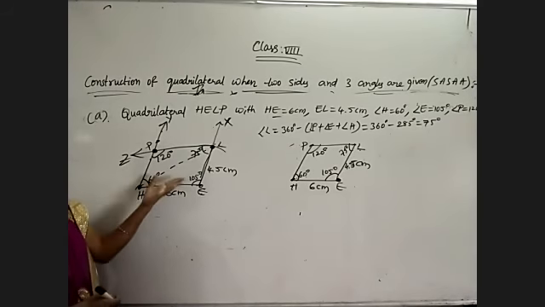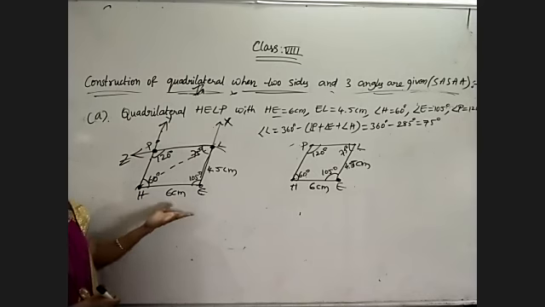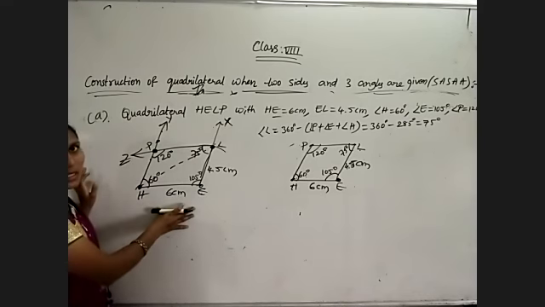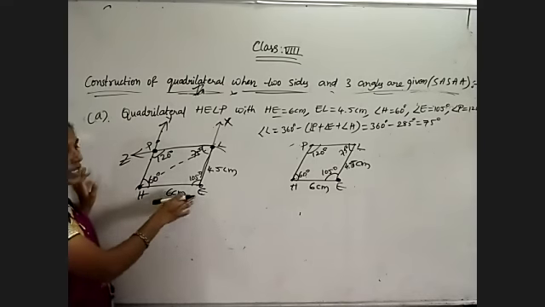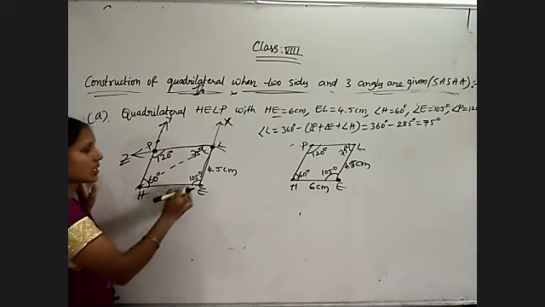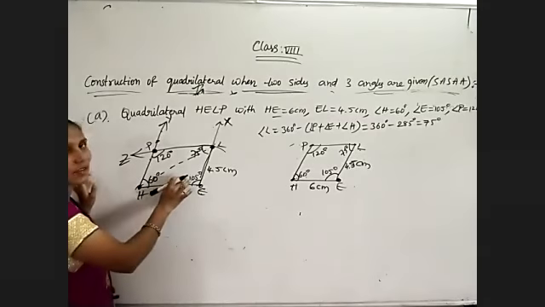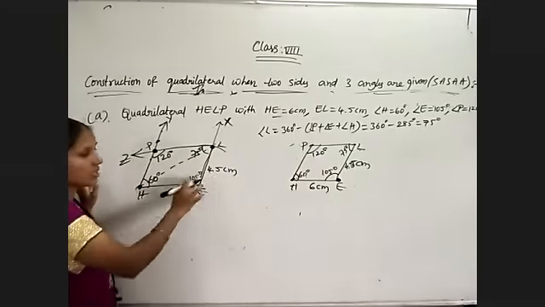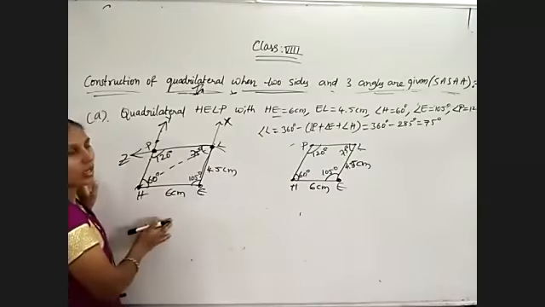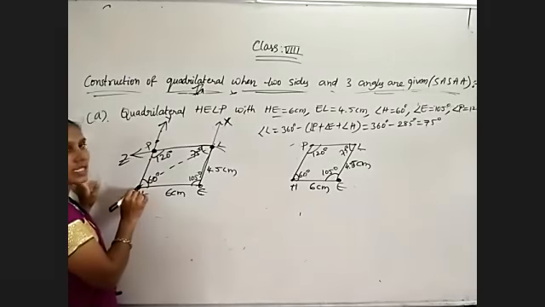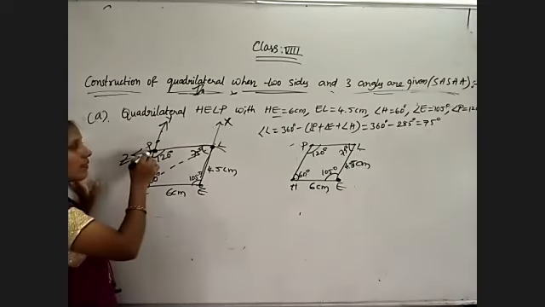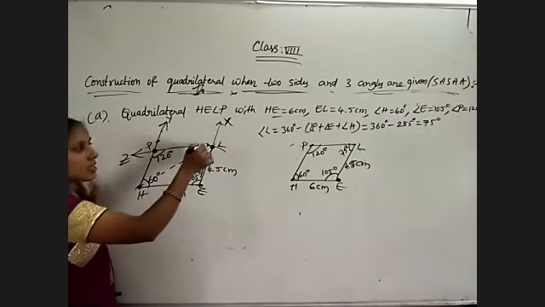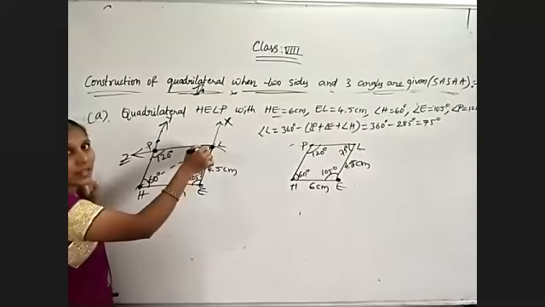Then do like this. Construction steps as usual. Construct the rough figure, and after that construct triangle HEL using the measurements 6 centimeters, 105 degrees and 4.5 centimeters, the SAS rule. After that, construct angle H equal to 60 degrees, but we can't construct angle P. Construct angle L equal to 75 degrees.